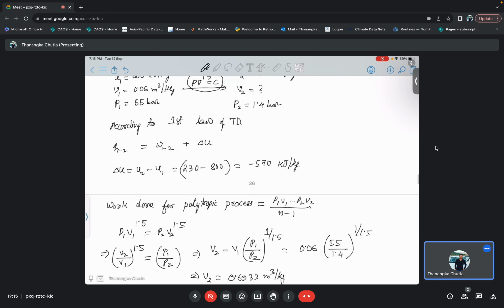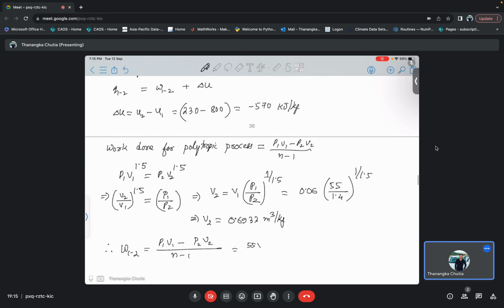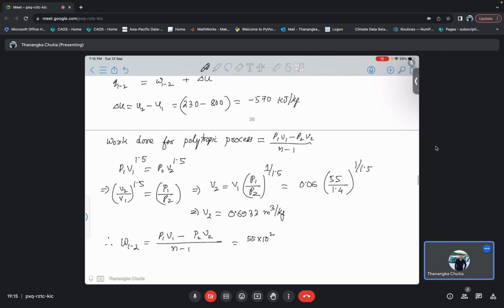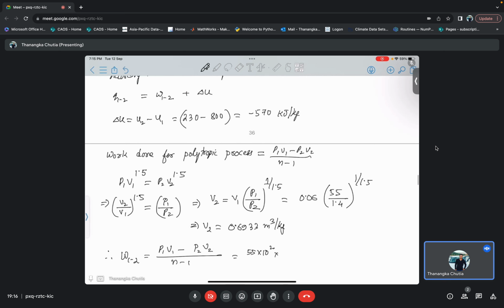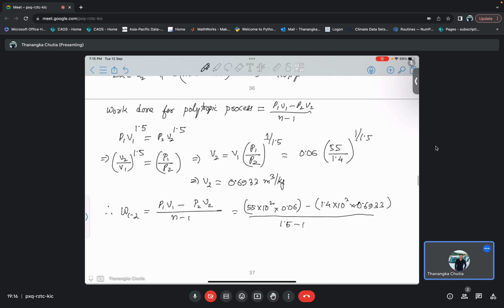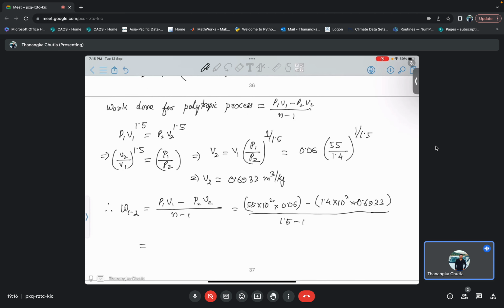So what is P1? 55 into 10 to the power 2, into V1, which is 0.06, minus P2, 1.4 into 10 square, into 0.6933, divided by 1.5 minus 1. Okay, this will also be in kilojoule per kg.